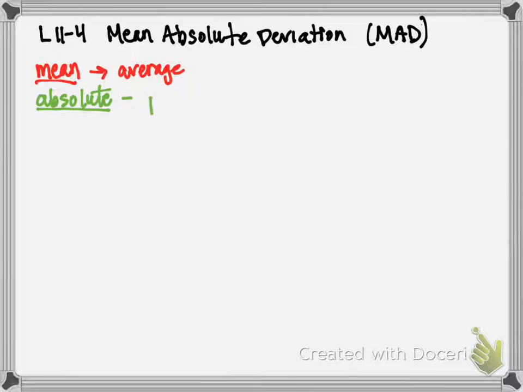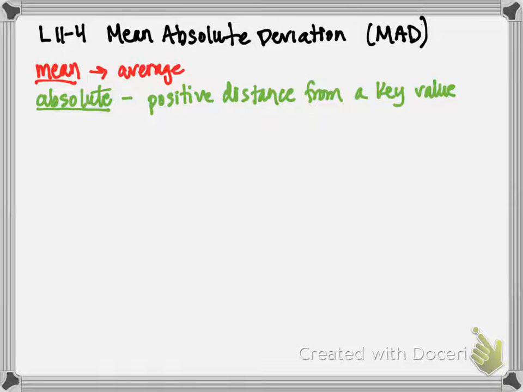It's a positive distance from a key value. Now, normally, when we talked about absolute distance, we were talking about how far it was from zero. But in this instance, we're going to be comparing a value to the mean. So I'm going to write that in red. That's going to be our key word. Our key number is going to be the mean.